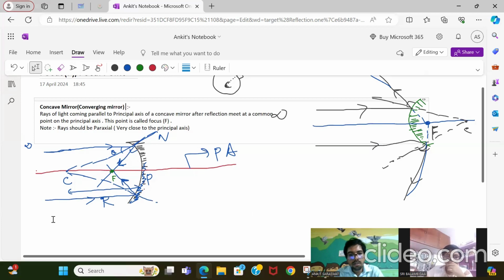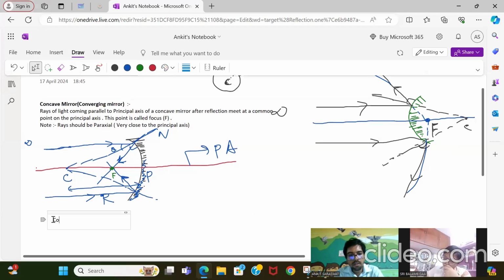Now write down what is a convex mirror. In bracket, write down diverging mirror.